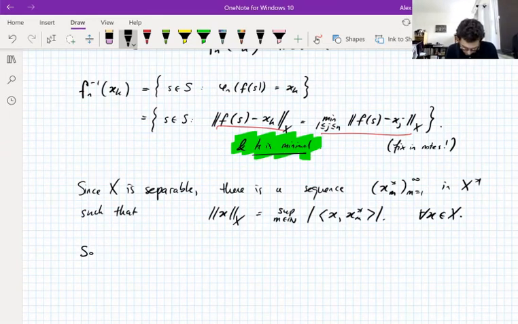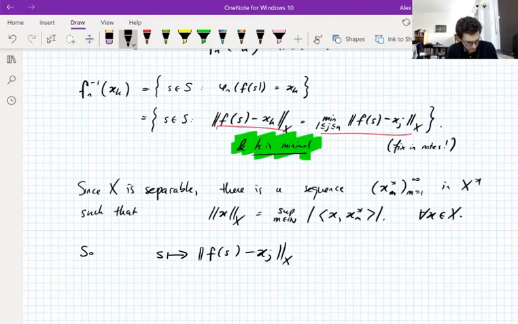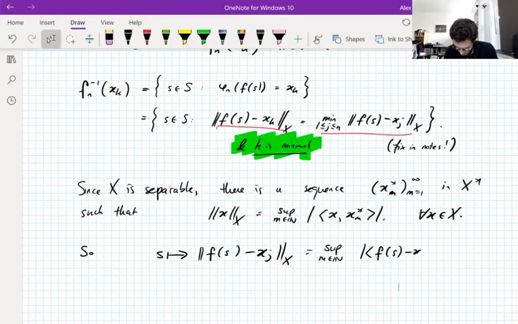So you can write your function, this right-hand side function we're trying to show is measurable. Or before that, actually, if you look at this function, s mapping to this norm, fs minus xj, you can write that as a supremum over m. We test this vector against the functional xm.